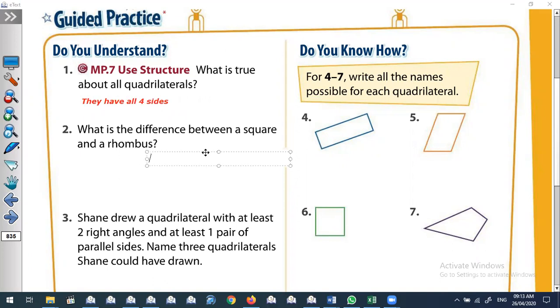What is the difference between square and rhombus? The difference between square and rhombus: square, all sides are equal in length, also the rhombus.